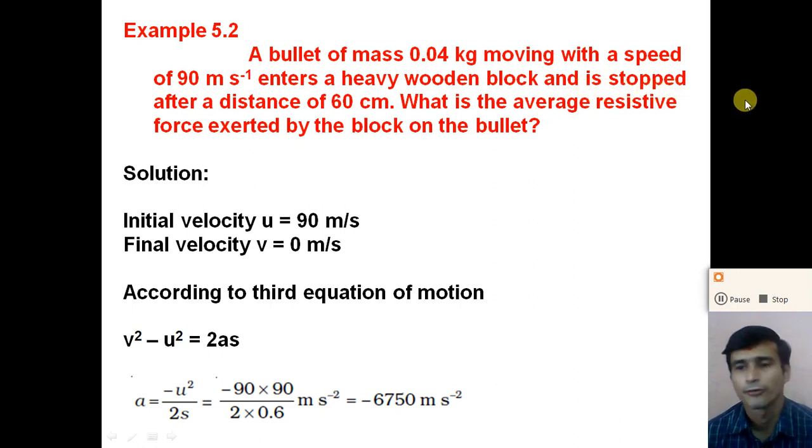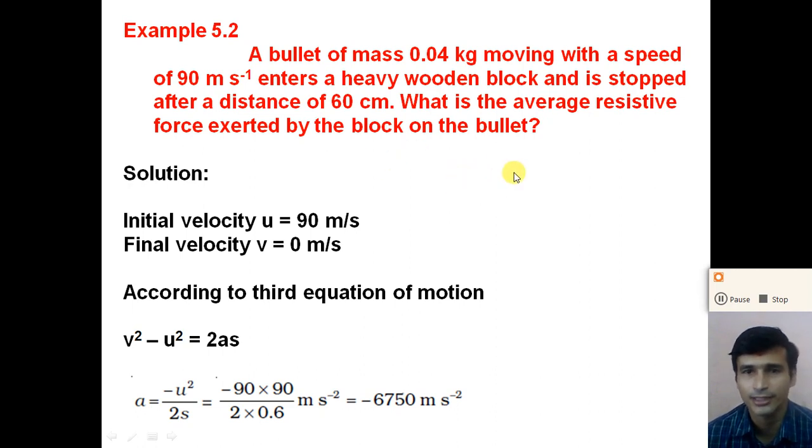Stopped means final velocity is 0, right? So the final velocity of the bullet v is equal to 0 after traveling a distance of 60 centimeter. So we take s equal to 60 centimeter; converting into meter, s is equal to 0.6 meter, right?